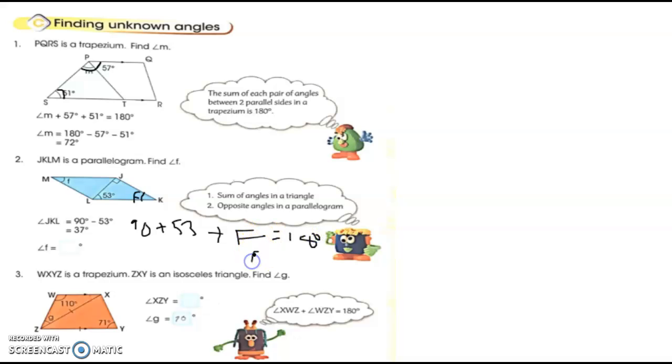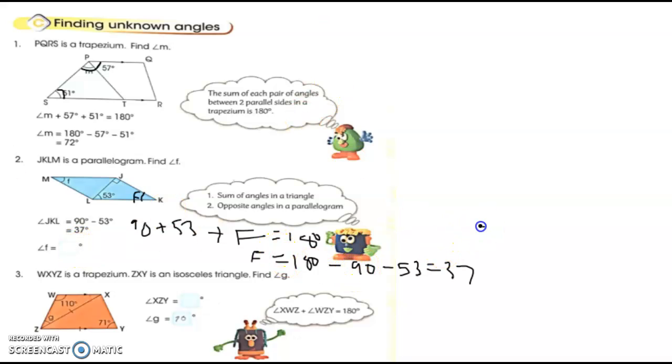Now capital F will be equal to 180 minus 90 minus 53. Now there's a 90 here because 180 minus 90 is 90. So 90 minus 53 will be equal to 37. You know why they have written 90? Because 180 minus 90 is 90. Okay, so that is 37.